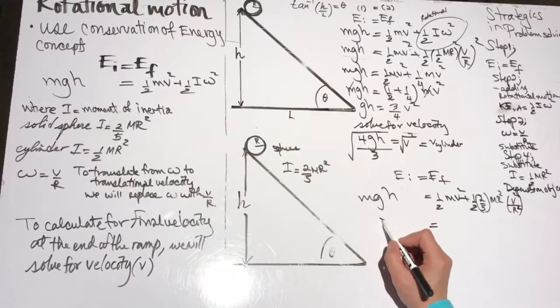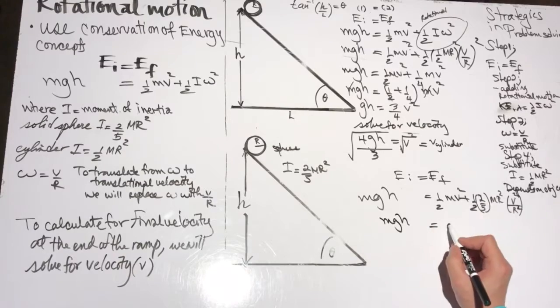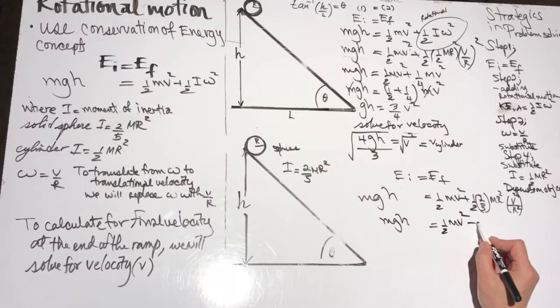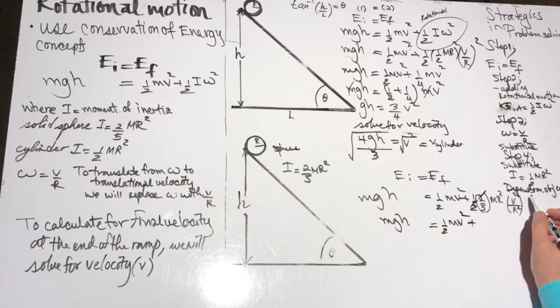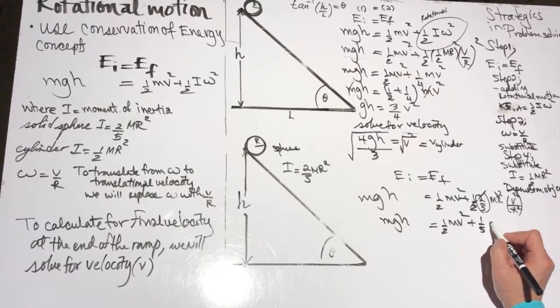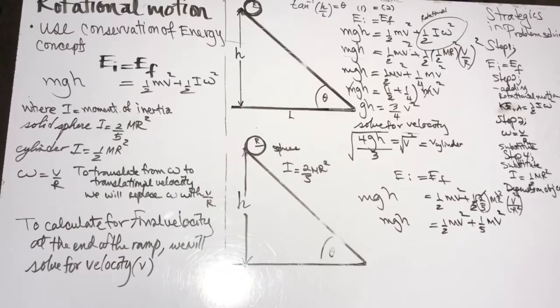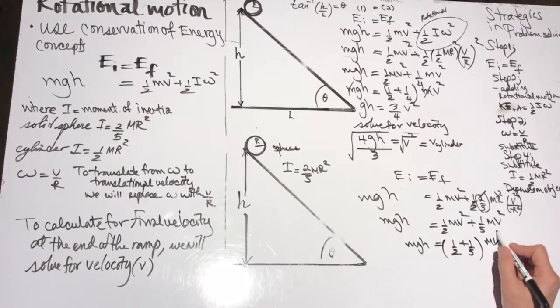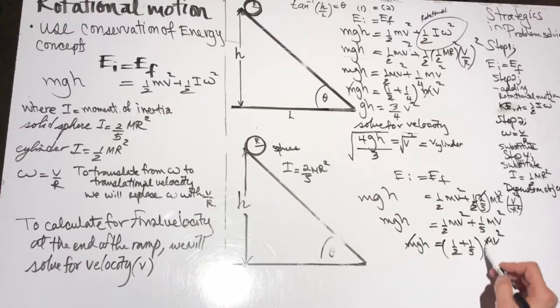So now I'm starting to cancel things out. It's mgh equals 1/2 mv squared plus, you cancel the 2 and you cancel the radius, so it will be 1/5 mv squared. Same thing, I have 1/2 plus 1/5 times mv squared. Start canceling the masses out.